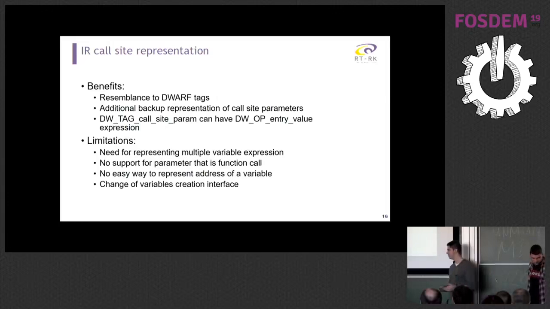That is the reason we cannot represent arguments that are function calls. Also, there is no easy way to represent the address of a variable. It is hard to distinguish in debug metadata between a variable's address and a variable's value. It is not impossible, but it is pretty complicated.